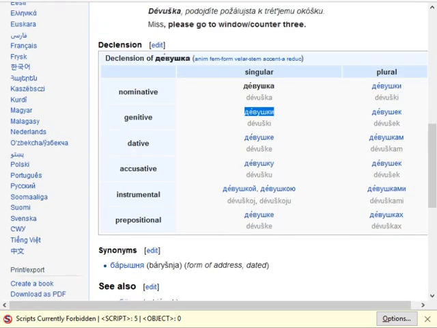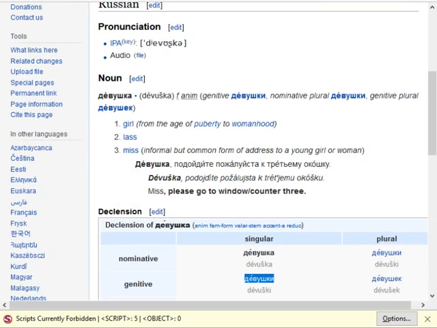Hold on, девушка. Yeah, девушка is feminine. You can tell that based on the F here. So девушка is obviously feminine. It's not like German where Mädchen is neuter. It is a feminine noun.